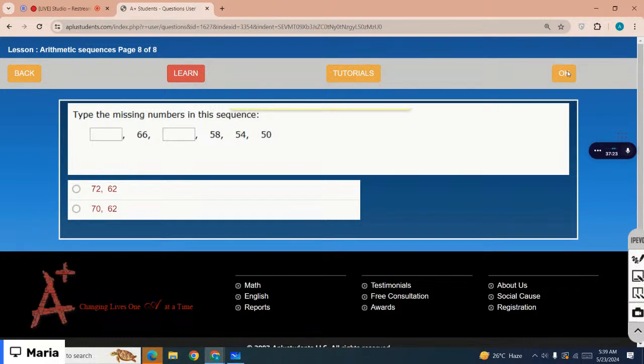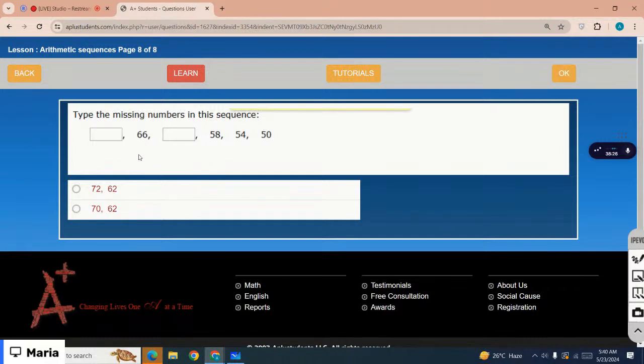Type the missing number in the sequence. So which numbers are missing? The correct option is option number 4.